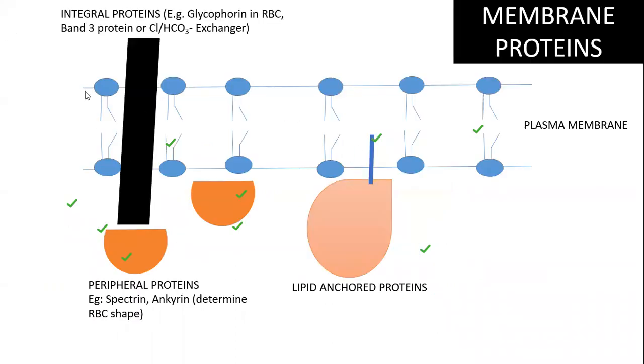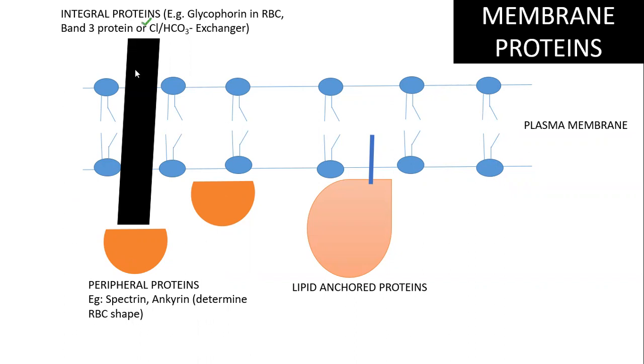Okay. Now, this is all about the lipid bilayer. Next comes the membrane proteins. There are basically three main types of proteins that are present in the plasma membrane. One is the integral protein.